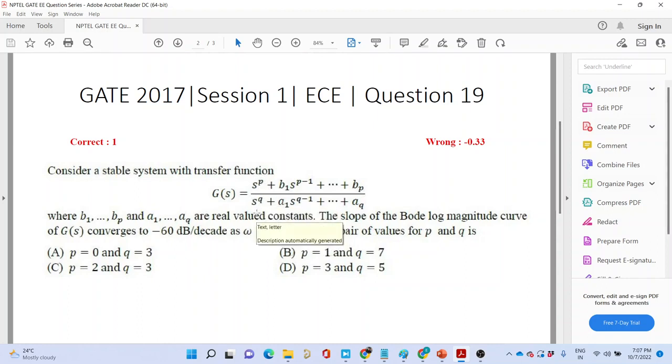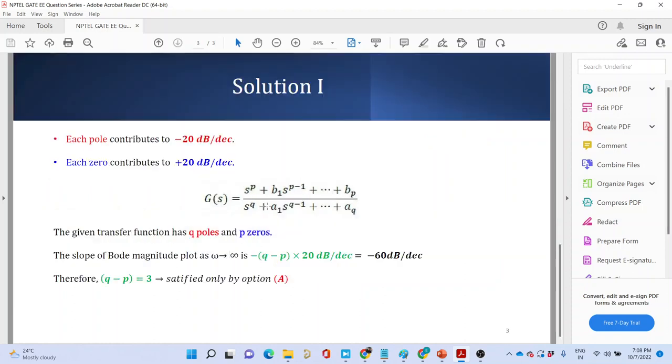When omega tends to infinity, you can imagine the entire thing like a clubbed thing, where zeros cancel poles, so the number of net poles would be P minus Q. Each pole is contributing minus 20 per decade, and each zero is contributing plus 20 per decade.